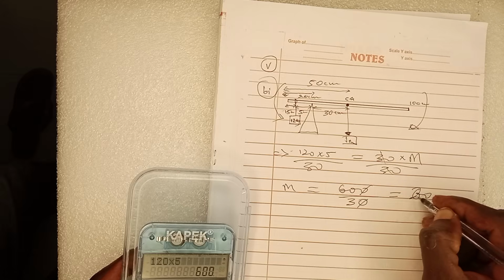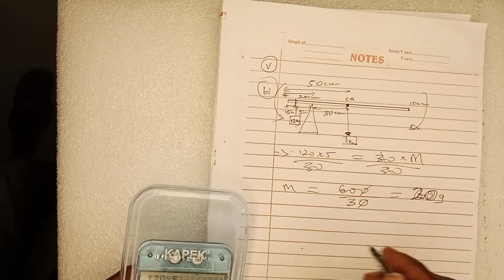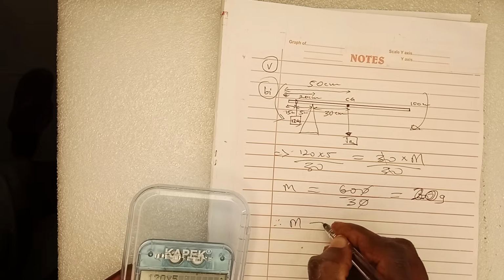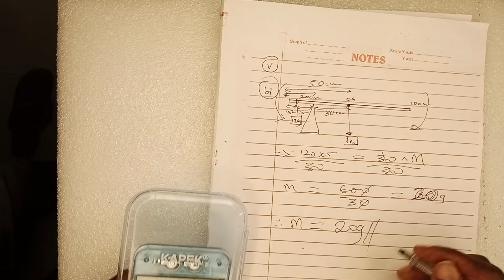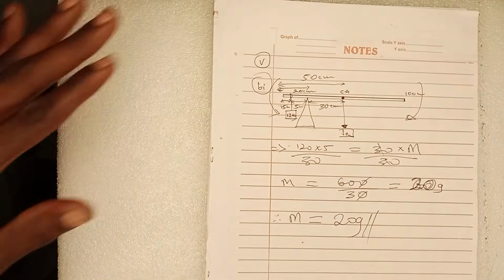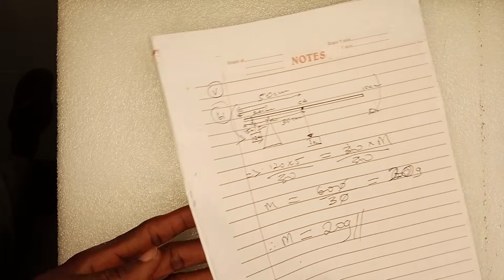So we'll have 20 gram as the mass of the ruler. Therefore, the mass of the ruler is 20 gram. Good. To this, we have come to the end of this video.